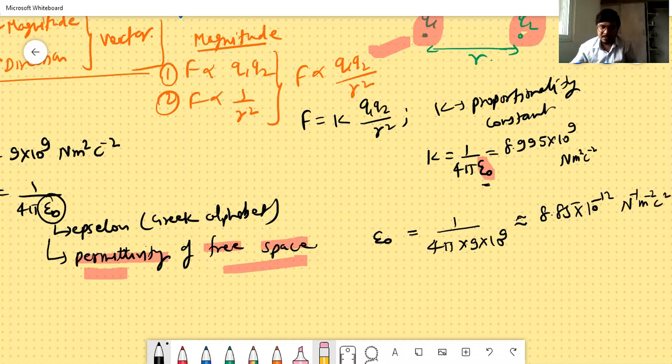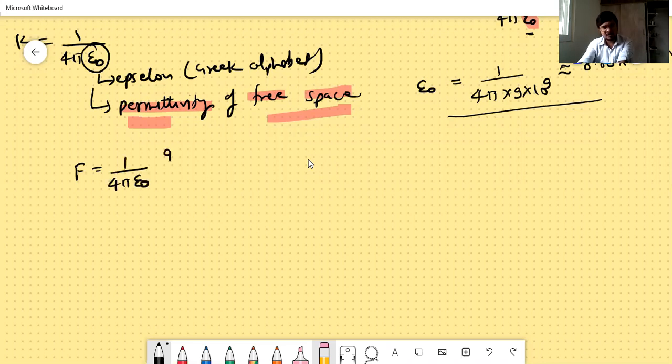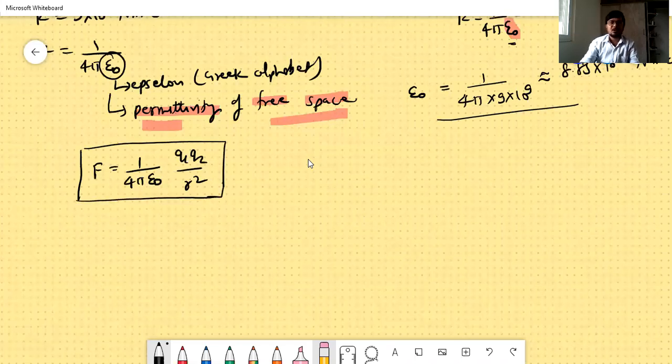Okay, I hope till here this is clear to all of you. So finally, what can we write for the magnitude of the electrostatic force between any two point charges? It is 1 by 4 pi epsilon naught q1 q2 by r square. It is this much.